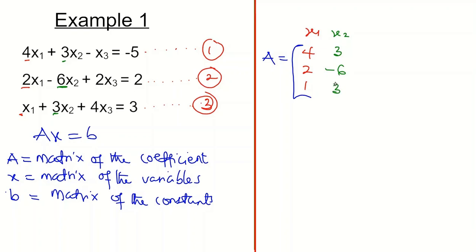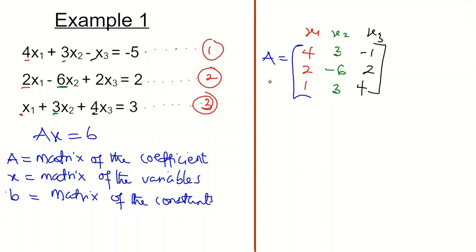And then the last one, x3. The coefficient of x3 in equation 1 is -1, so we write -1 here. The coefficient of x3 in equation 2 is 2, and so we write 2. The coefficient of x3 in equation 3 is 4, and so we write 4 here. This is how we write the matrix of the coefficients.